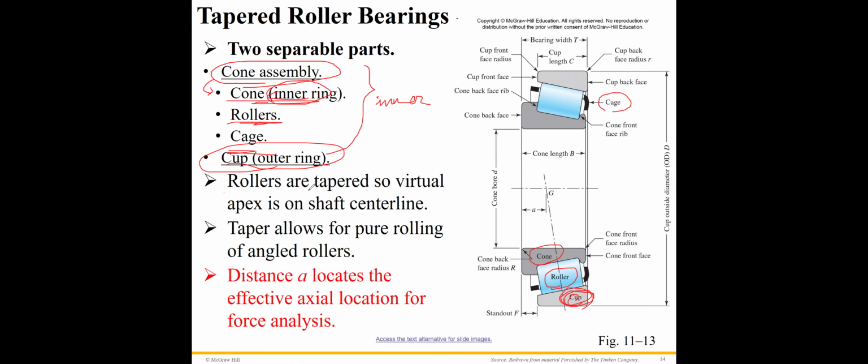And rollers are tapered, so virtually the apex is on the shaft central line, and the taper allows for pure rolling of the angled rollers, and the distance A locates the effective axial loading for force analysis. So what does this mean?